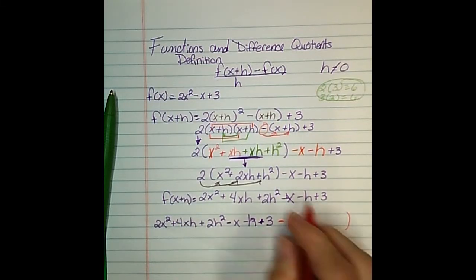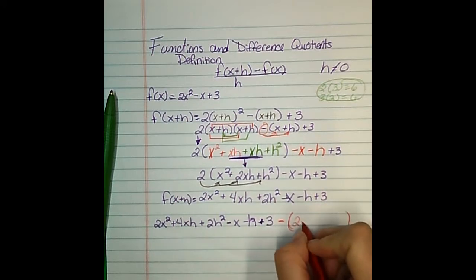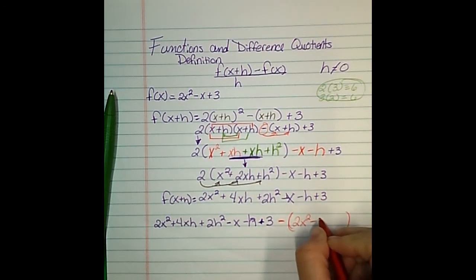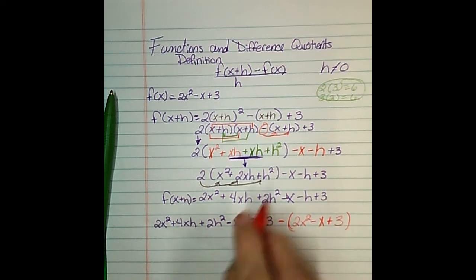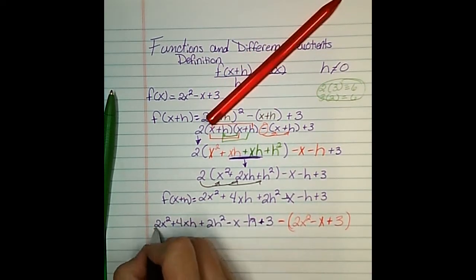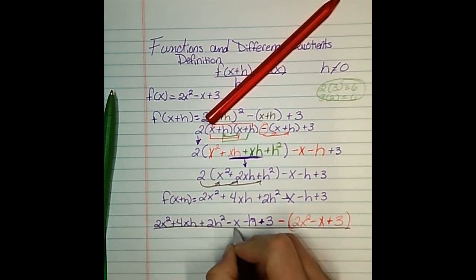And what is the f of x function? It is 2x squared minus x plus 3. And this is all divided by h.